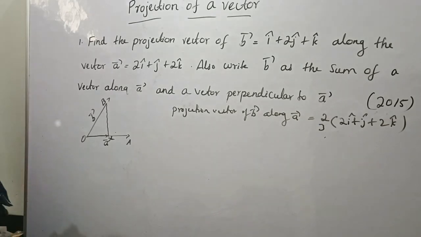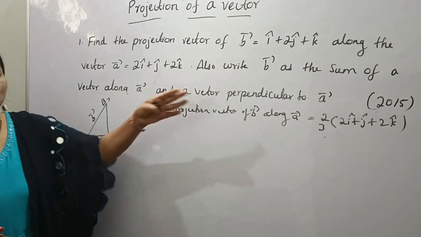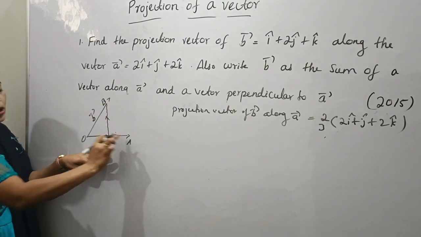It is the first vector. The second vector is nothing but the perpendicular vector. Which is the perpendicular vector to vector A? See, vector LB. Vector LB is perpendicular to vector A.